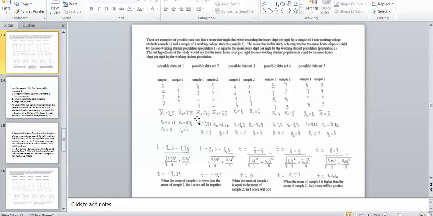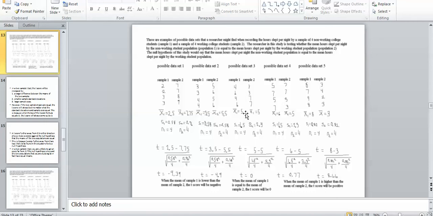That's going in this direction. Going in this direction, the mean of sample 1 is getting higher compared to the mean of sample 2, and it's starting to show more evidence that the mean of population 1 is higher than the mean of population 2.